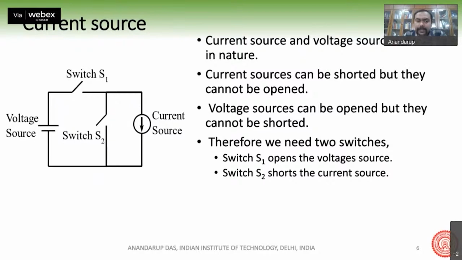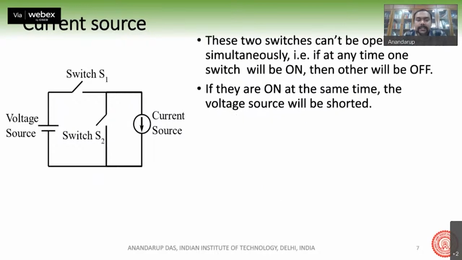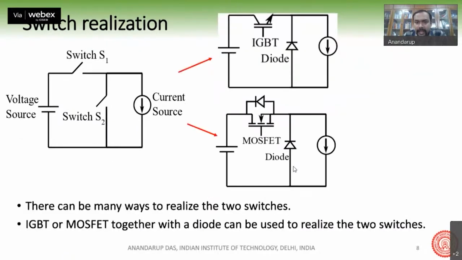So therefore, we have to make some arrangement of switches. And one of the arrangements that we very frequently use is complementary switch action. S1 and S2 are complementary. And one of the practical realizations is an IGBT diode pair or a MOSFET diode pair, for the voltage and current sources.